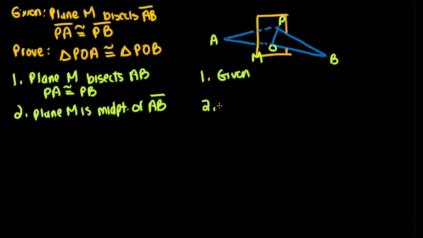This will be the definition of a segment bisector. Next, we can say that AO is congruent to OB because of the definition of a midpoint. Let's go ahead and mark this in our picture, as well as marking that PA is congruent to PB, which was in our given.